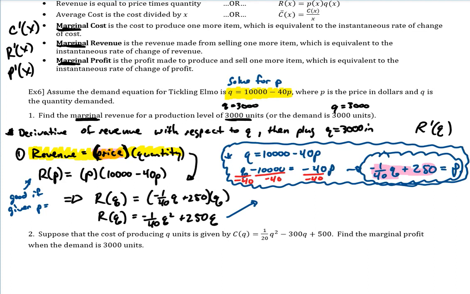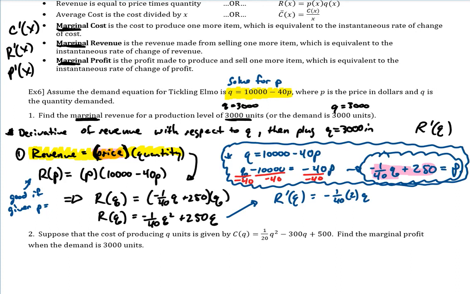There we go. Okay, so to do this derivative, I have R prime of Q is, okay, so the 2 would multiply the fraction here. So it would be negative 1/40th times 2, and then minus 1 from the power would be Q still.